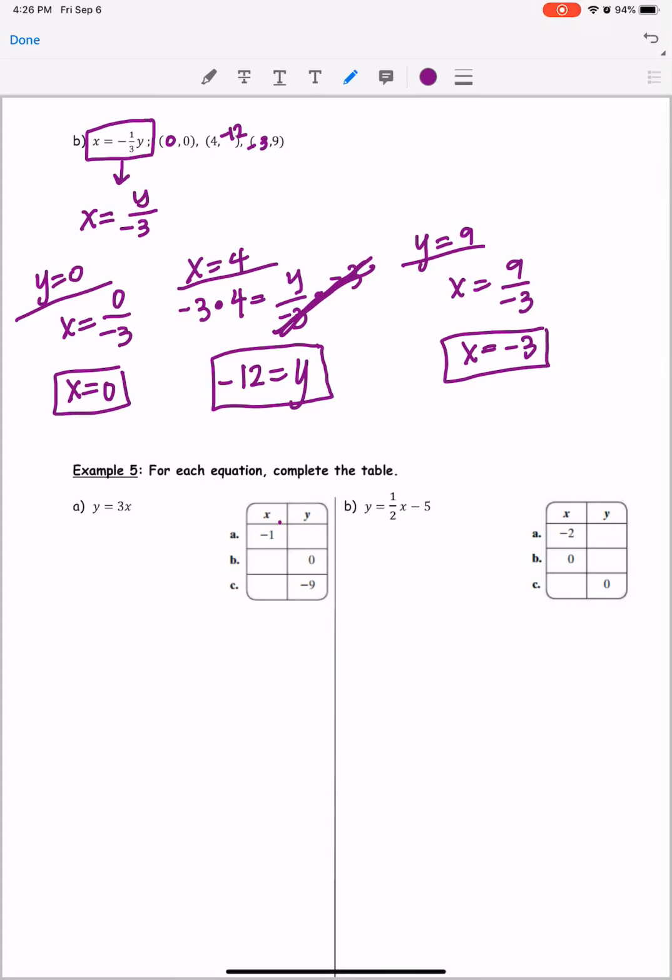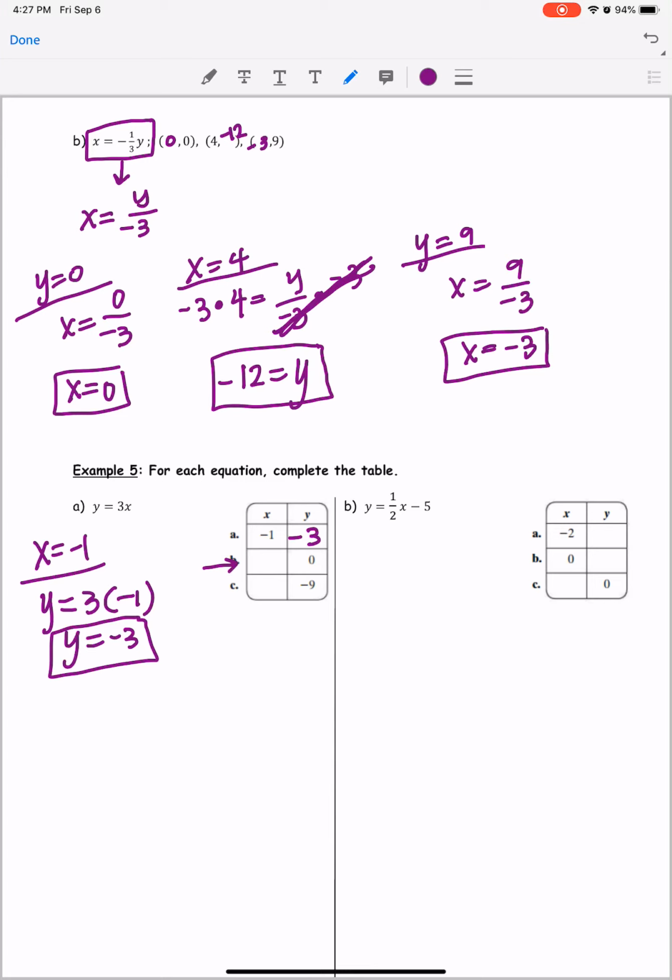So this first one here, when x is -1, plug that in for your x here. So we got y equals 3 times -1. So that means y is -3. So we can put that here in this table.